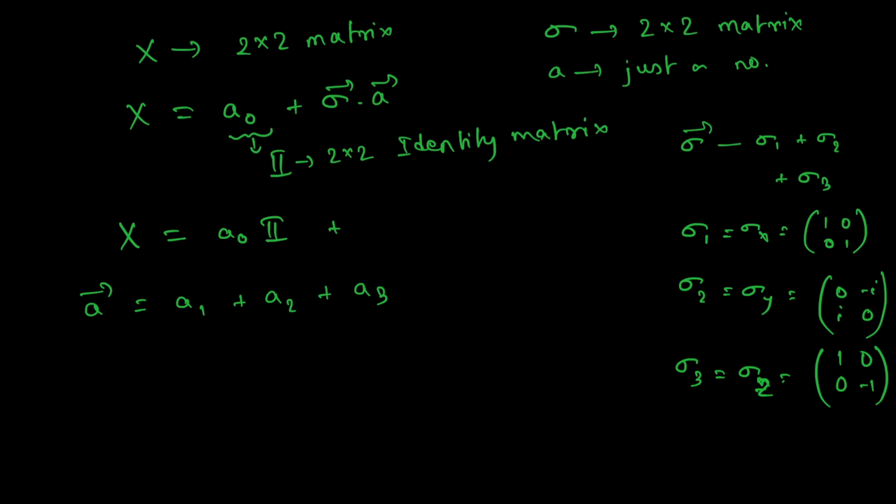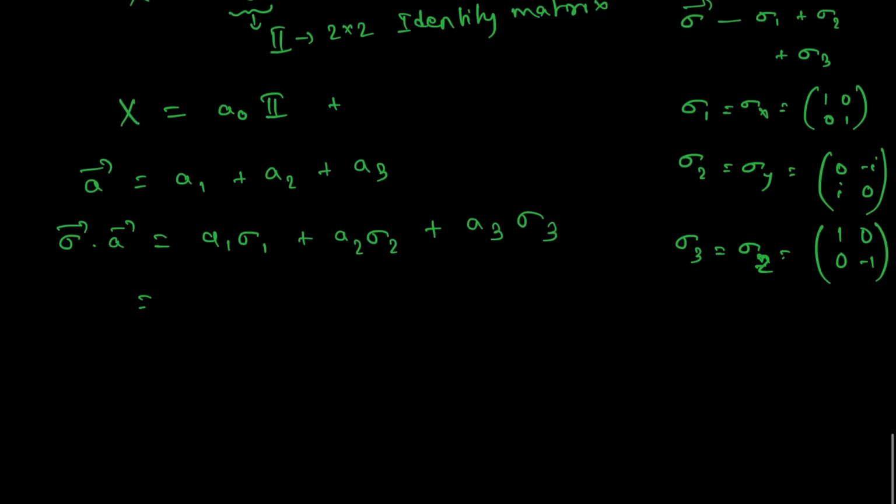Now if we take a dot product and add them all up, sigma dot A would be A1 sigma 1 plus A2 sigma 2 plus A3 sigma 3, right? So what do we get?